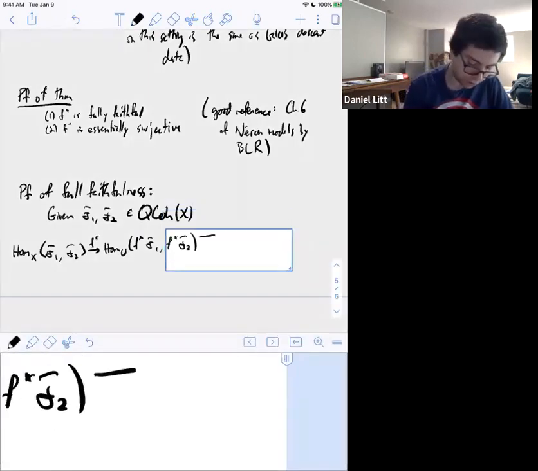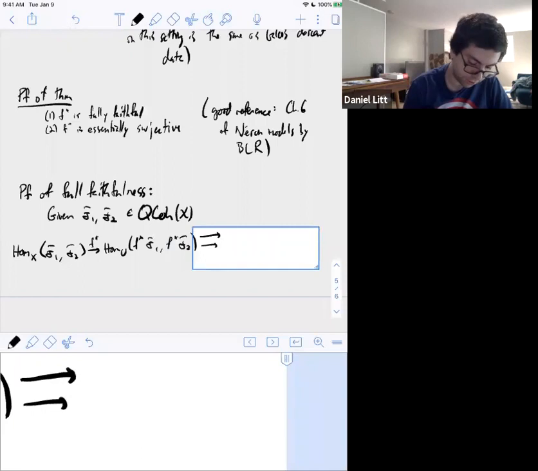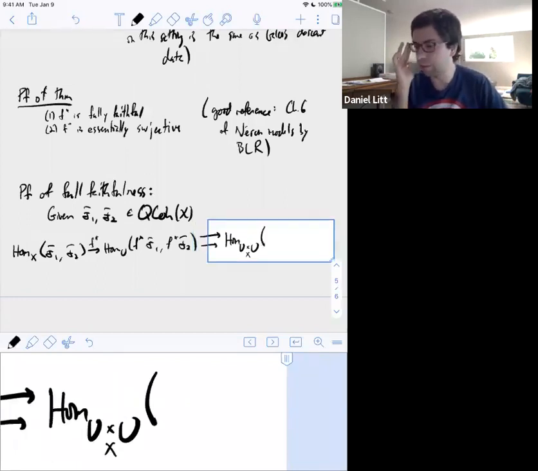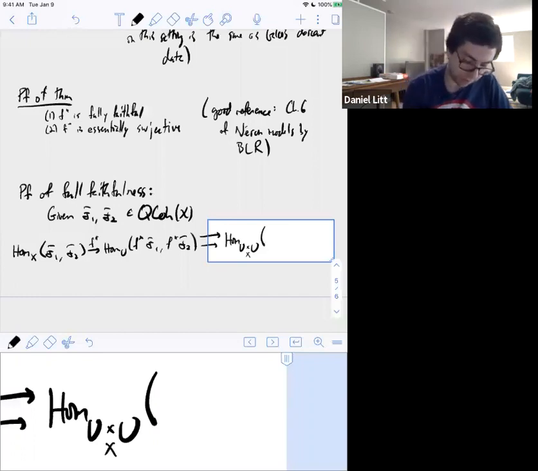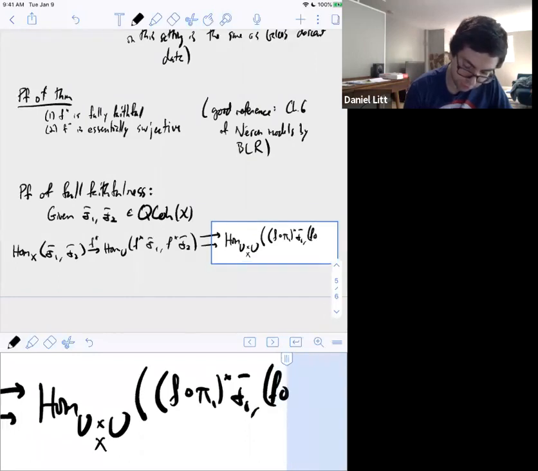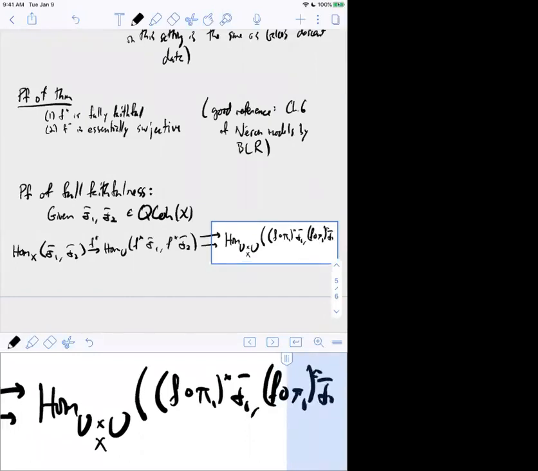All right, so there are two maps now to Hom on U cross U over X. These maps go between, let me call it, f composed with pi1 star of f1, and f composed with pi1 star of f2.